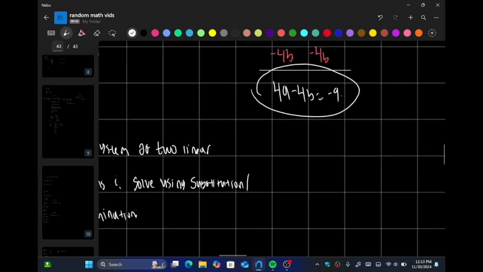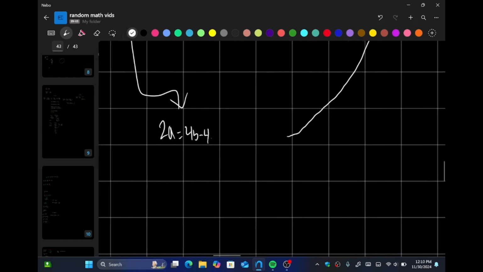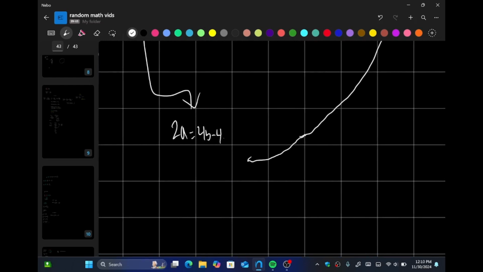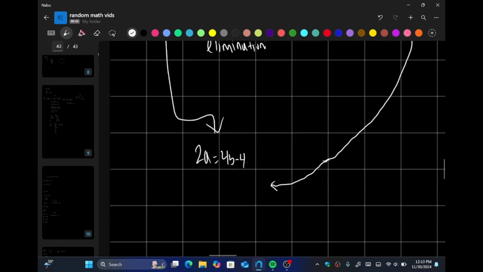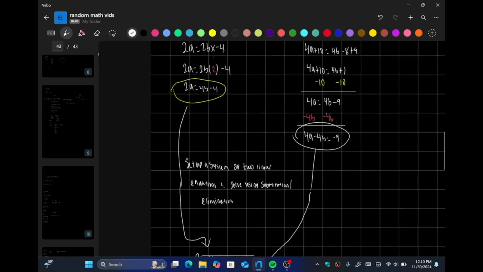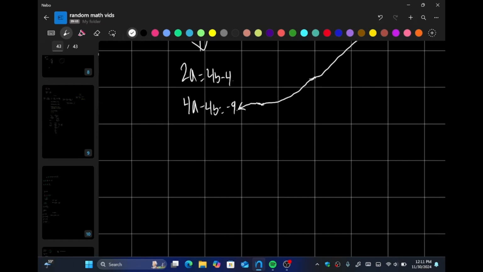And then we have this one, which again is 4a minus 4b equals negative 9. So we see that these are the 2 equations that we're solving. Since we're almost solving for a in one of them, we're just going to solve for a.